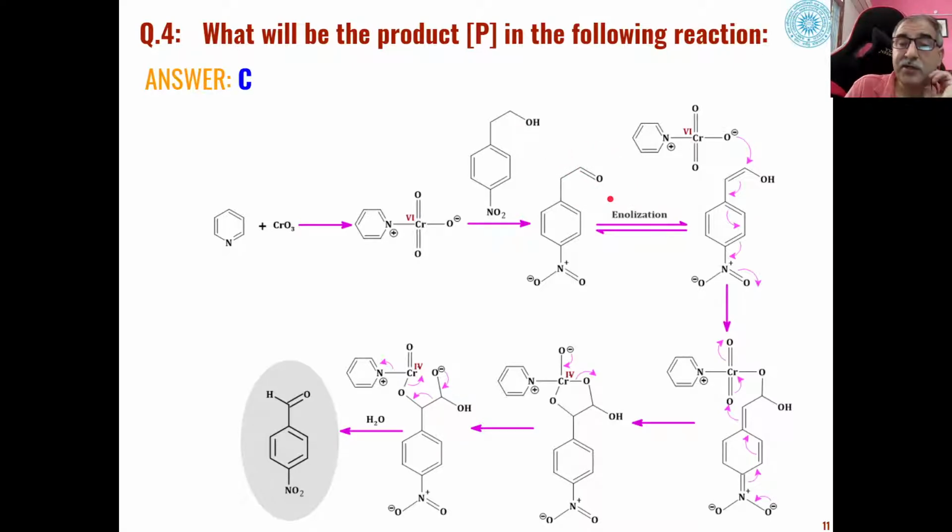And this aldehyde group, because of the presence of a methylene group at its alpha position, can easily undergo enolization to give us these types of enols.